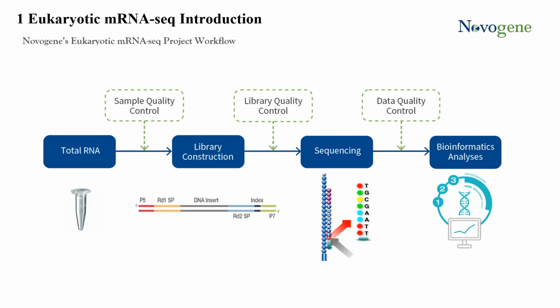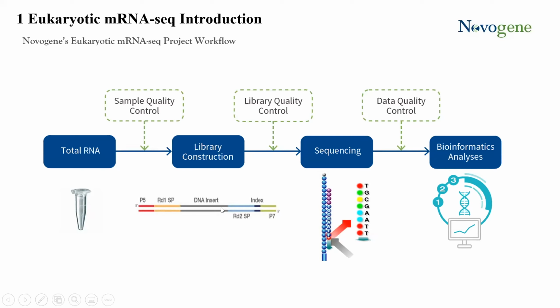So when we get total RNA from you, the first step is we look at the quality of the sample. If everything is good, we will go for the next step, the library construction. But if it fails, we will ask you to resend the sample to ensure a good quality output. So here you can see a typical library structure.